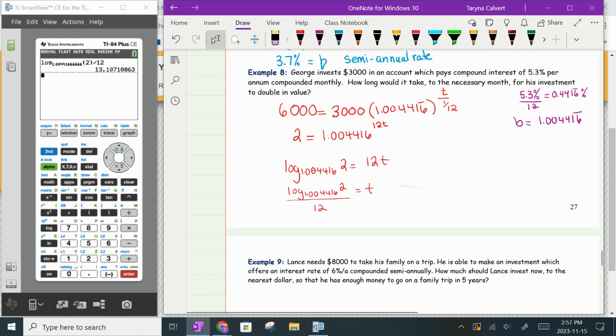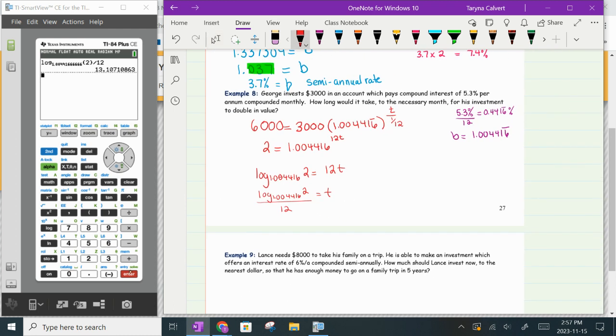So did you guys get 13.1-ish years? Yeah, so then we just, so 157. Because at 157 has it doubled yet? So you have to round it to 158. Because technically, if you round down, even though normal rounding without context, guys, you would go 157.